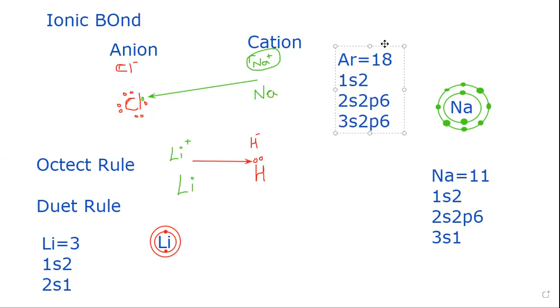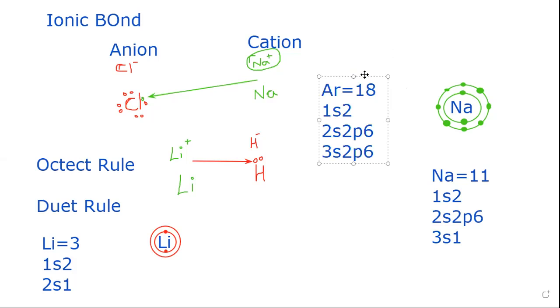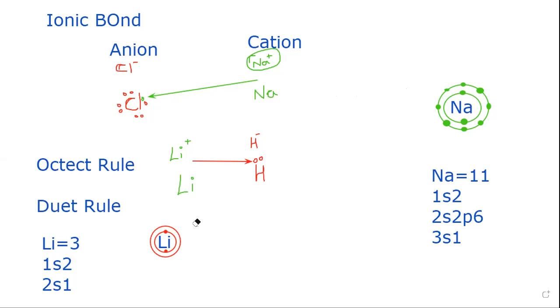So you can't form compounds with it, because it wouldn't donate electrons and it wouldn't accept electrons. All right, keep that in mind. Okay, so remember again, non-metals receive electrons, metals give electrons away.